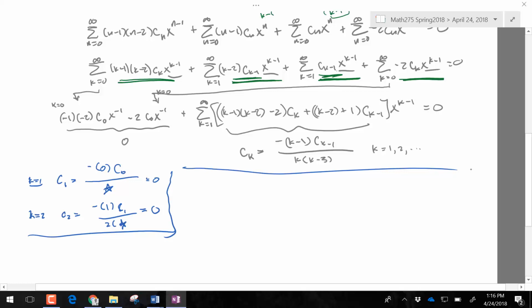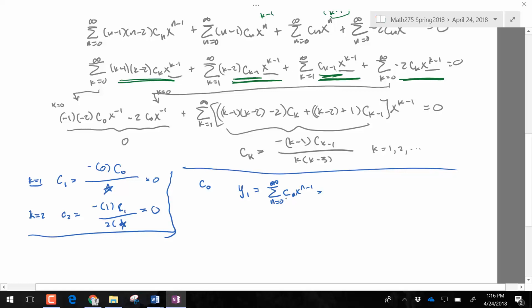All right. Well, so this thing gave us a c sub 0 only solution because everything else is 0. So your solution here, y sub 1, is going to be, according to this, the sum from n equals 0 to infinity of c sub n x to the n minus 1.